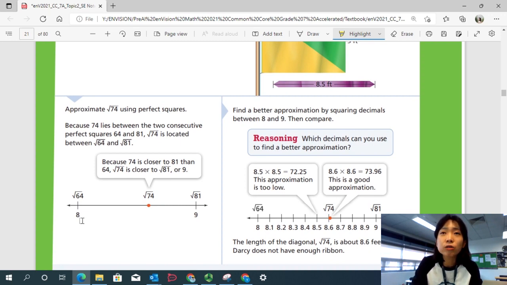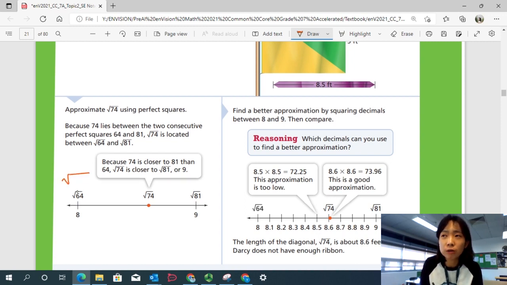8 is the answer to square root of 64. Square root of 64 is 8 because 8 squared is 64. And that's exactly what we're doing when we have a square root. Another notation that could help you figure out the whole number for that square root: you can rewrite 64 as a square. 8 times 8 is 64.